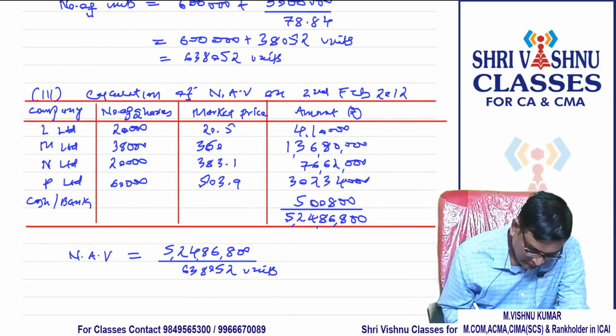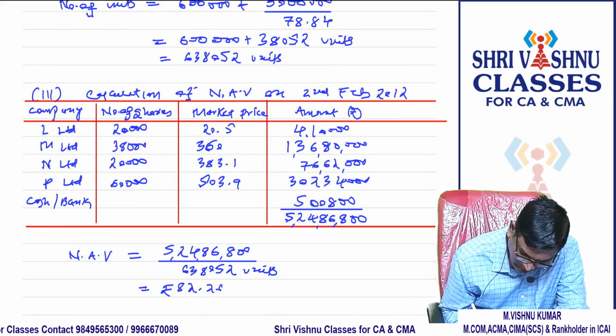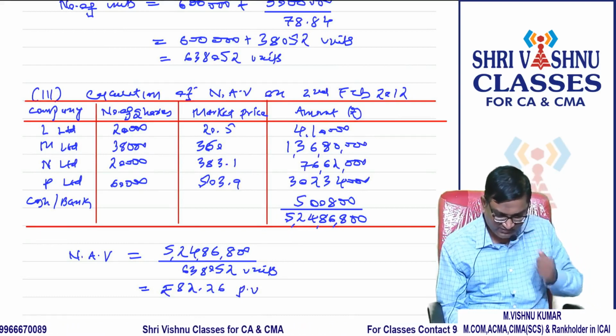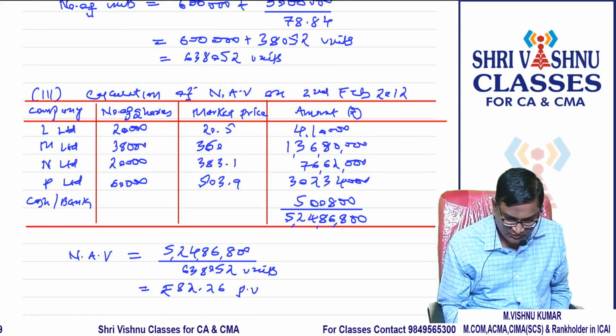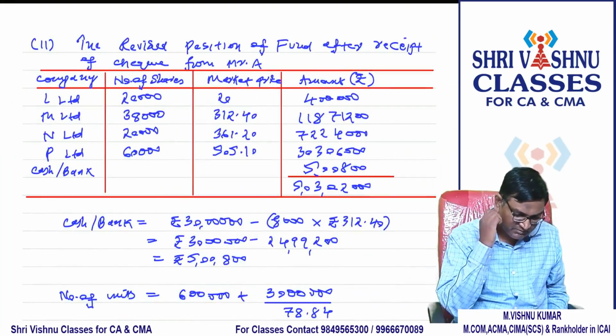NAV is 82.2. So this is the final answer. Okay, can you note this? And any doubt is there? Please communicate here.